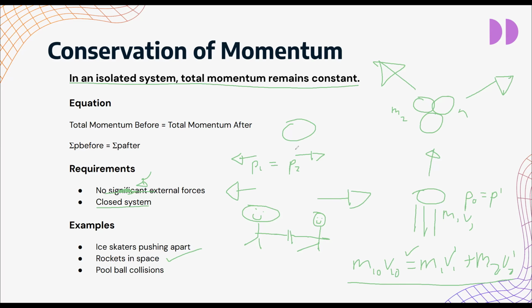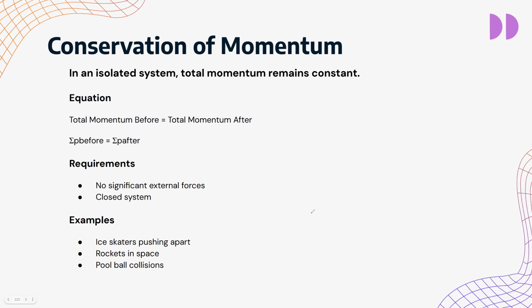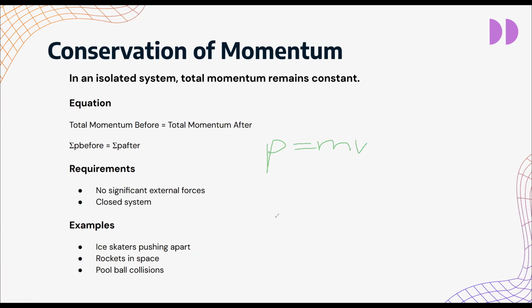Momentum staying the same is also super helpful if they give you mass and velocity, because remember, momentum is just going to equal mass times velocity. So it's mass times velocity before, of one object, and say a collision with another object is going to equal the mass and velocity after.